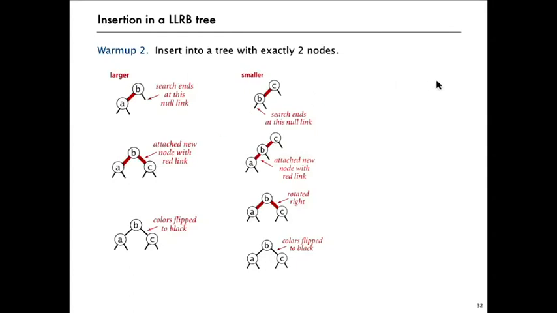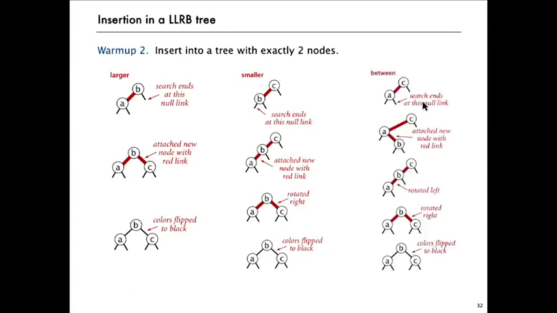Now we have to look at the third case, which is when the new node inserted is in between and comes out at this link here. Again, we just add a red link, and now we have a BST with 2 red links along a path connected to A, and that's not allowed. In this case, it's a bit trickier to fix the situation. What we do is we rotate the bottom link left.